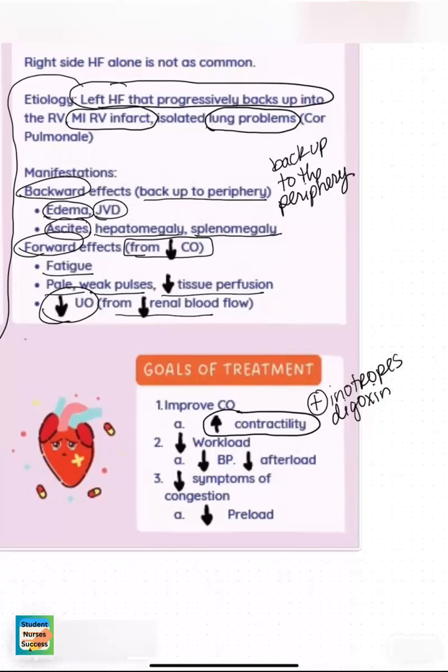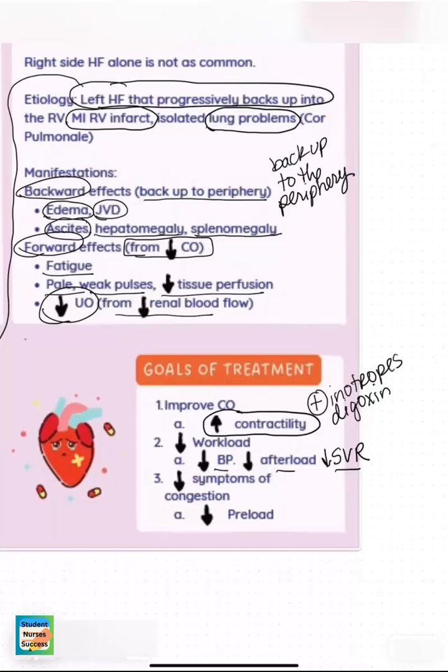We also want to decrease the workload of the heart. We want to make it easier for it to pump, and we can do it a couple different ways. One is we can decrease blood pressure. When we decrease blood pressure, we also decrease afterload, or we also decrease systemic vascular resistance. All three of these are the same.